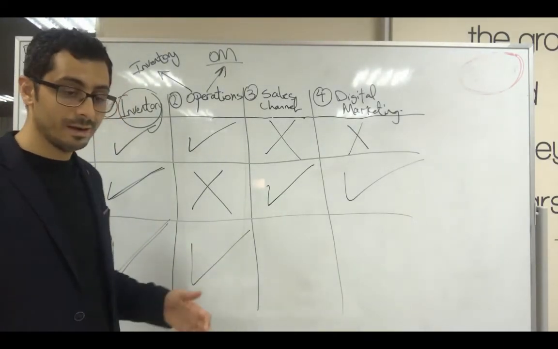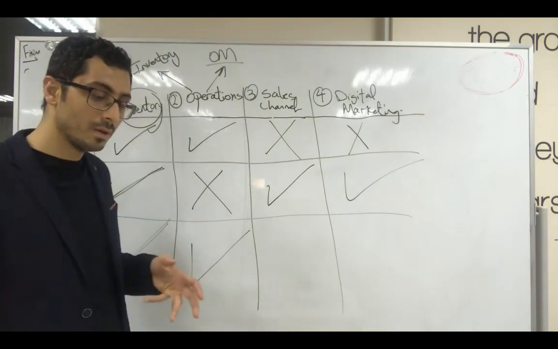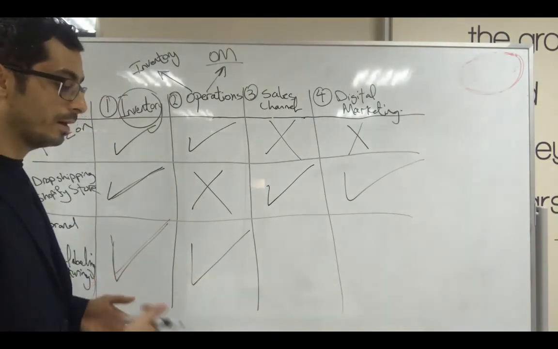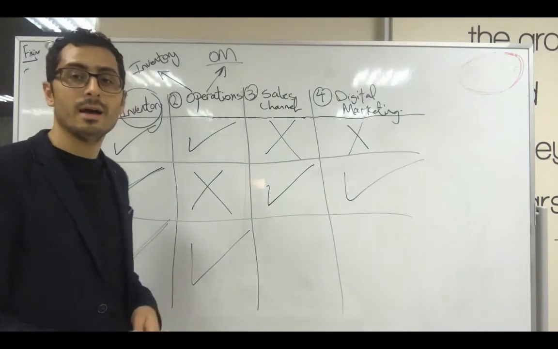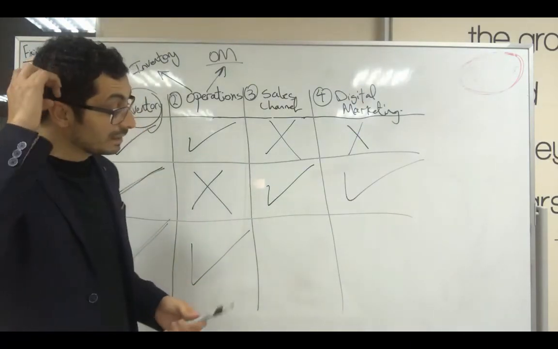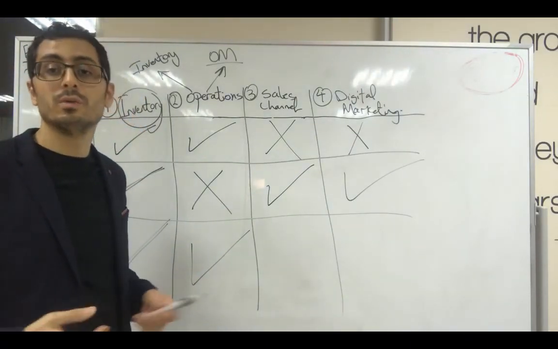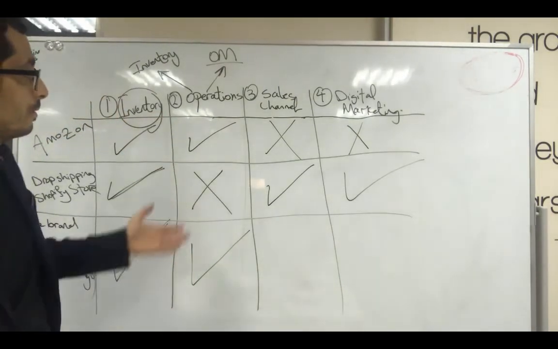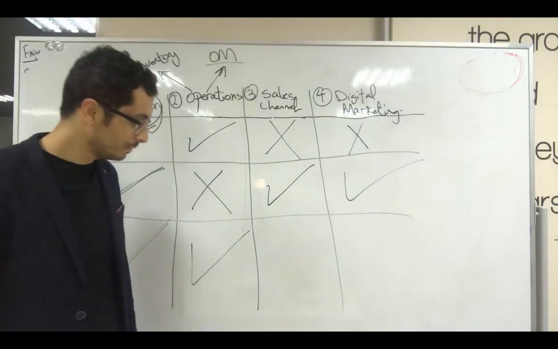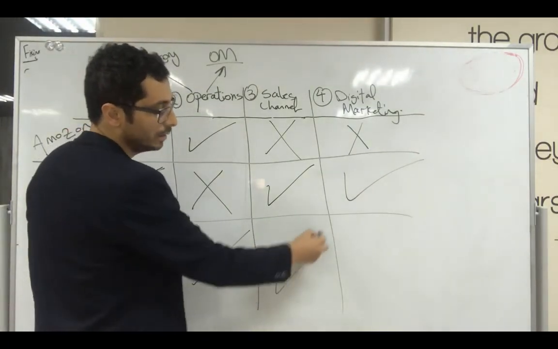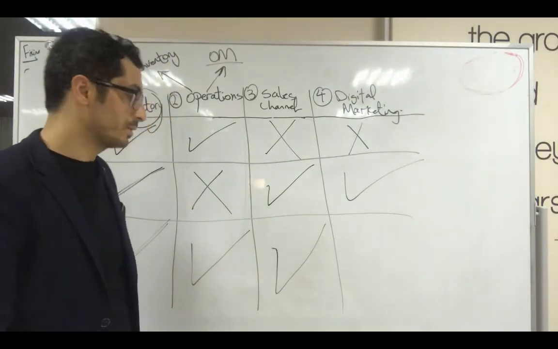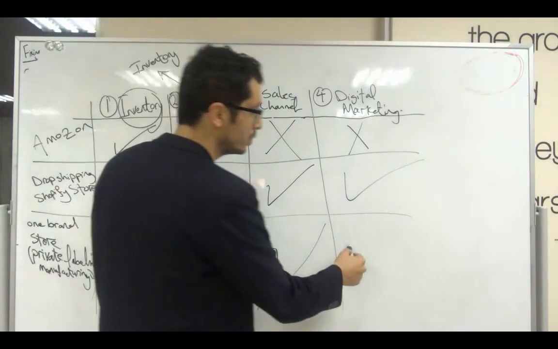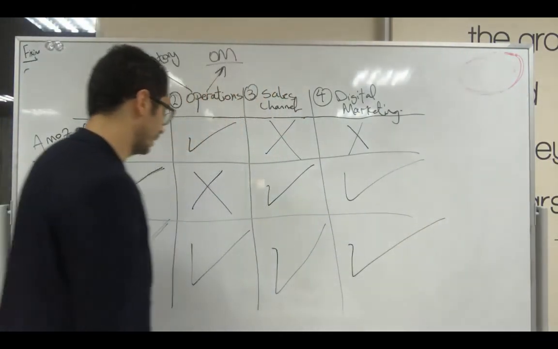If it doesn't need operations, maybe you can arrange yourself with a partner, a manufacturer, a very big supplier, but it needs a lot of experience for you to do this. So we can say that a one brand website needs operations. Sales channels, obviously, you need to build the one brand website yourself, and you need definitely to do digital marketing.